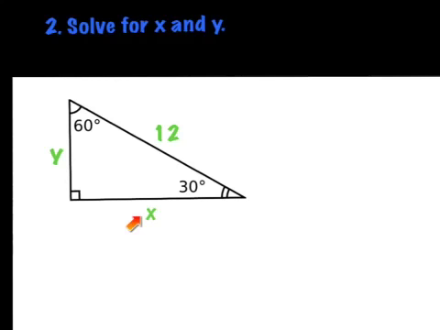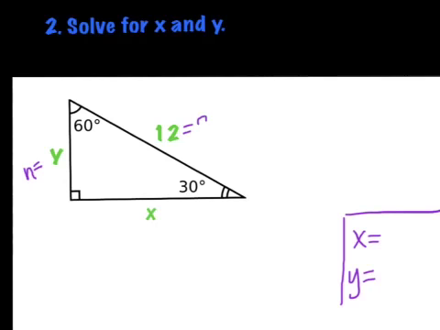So let's put a spot for our answer over here. x equals, y equals. Okay, let's fill in our template. The smallest side, we know that is n. The hypotenuse is 2 times n. And the side next to the 30 degree is n root 3.